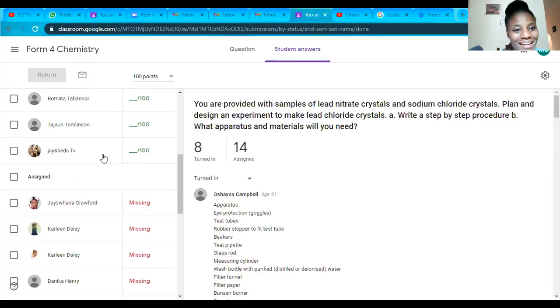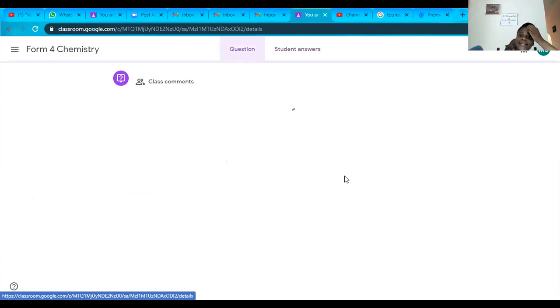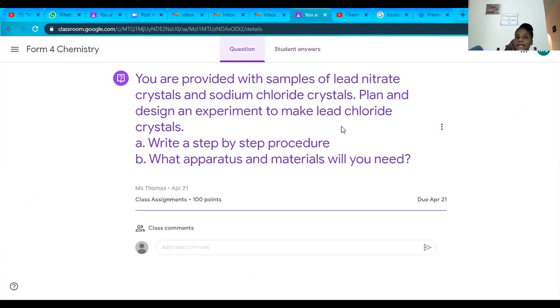All right, so this is the activity. It says you are provided with samples of lead nitrate crystals. So is that soluble or insoluble, class? Lead nitrate. Is lead nitrate soluble or insoluble? Soluble, miss. It's soluble.